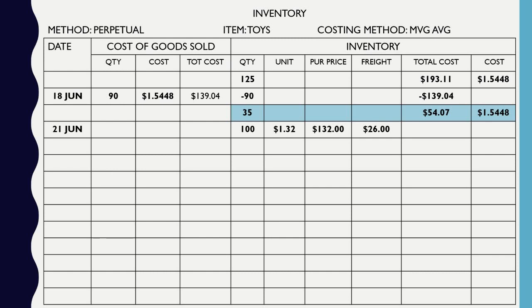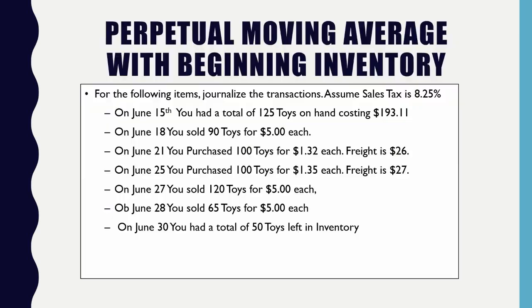The purchase price here is $132 plus 26 to give us 156. We add those numbers together to get a grand total of 135 units at a grand total cost of $212.07, which we calculate our average cost per item to be $1.5708.